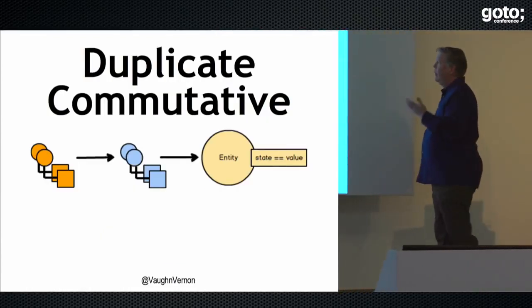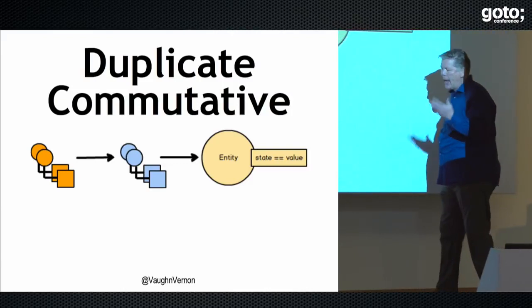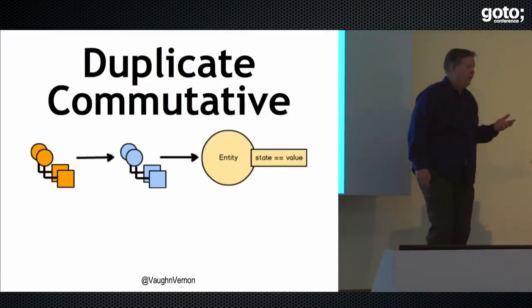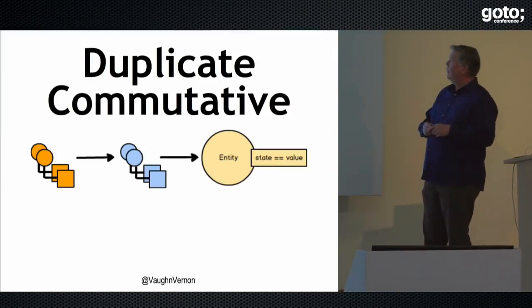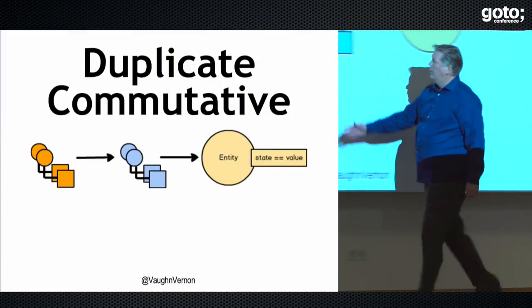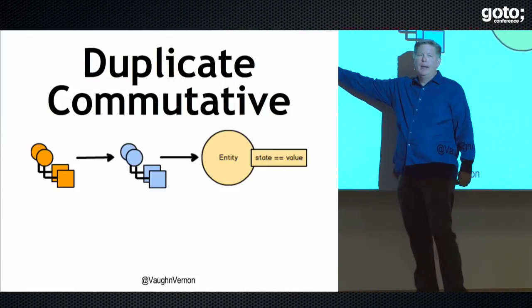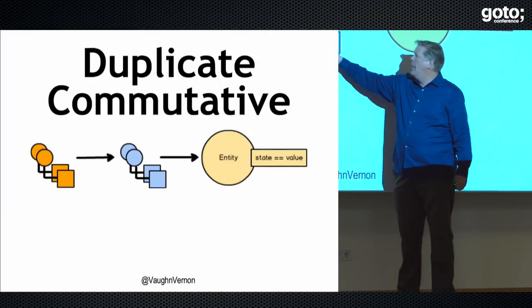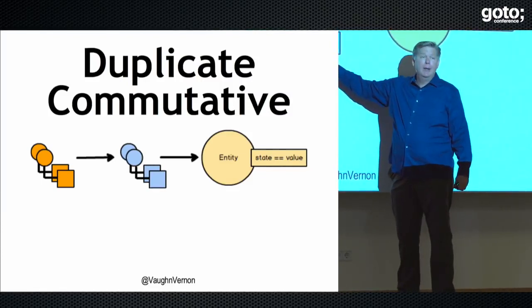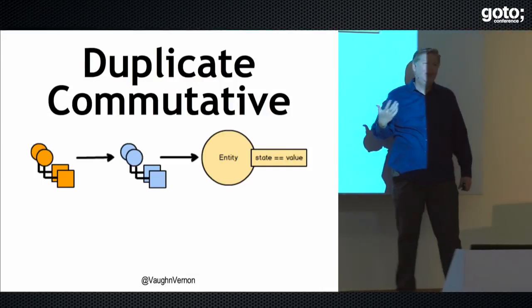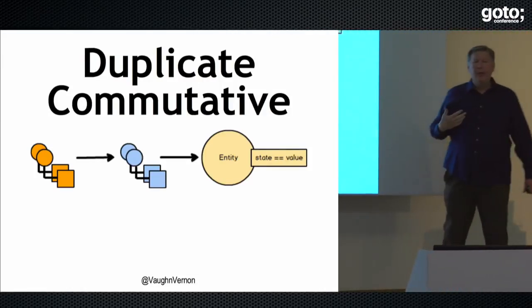So how do we deal with these kinds of situations when they happen in duplicate, when they happen out of order? So here's a situation where we might receive the same event multiple times, which means we're going to translate that event to the same command multiple times, and it's going to be received by some entity multiple times.